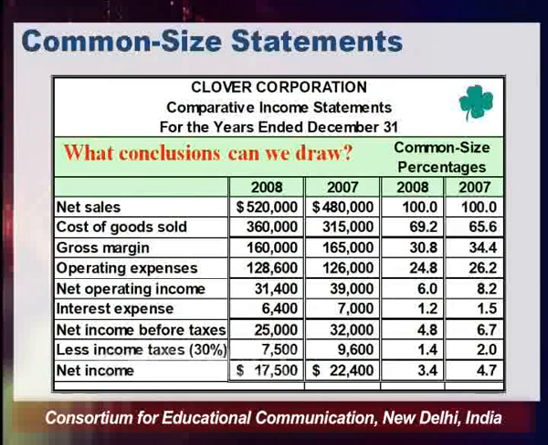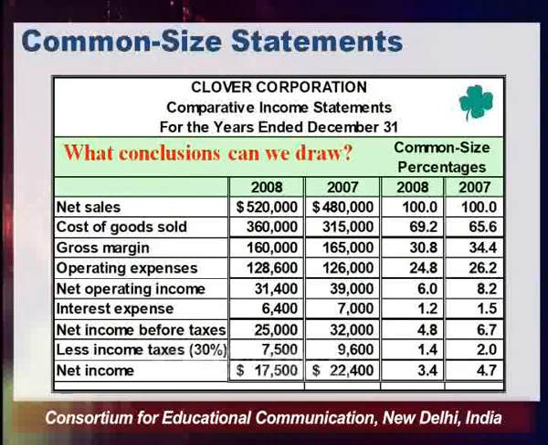If you repeat this step up to the last row, which is net income, you will get the percentages, and we can do it for two years. In this example we have taken the data for two years, so we are doing it for 2007 as well as 2008, but importantly they are two independent data sets.